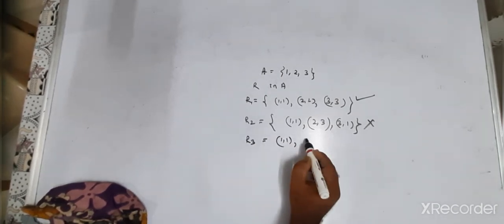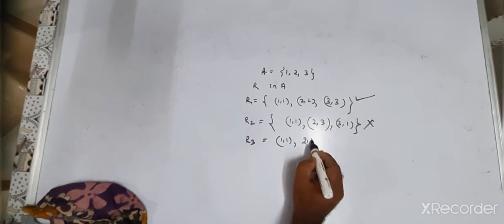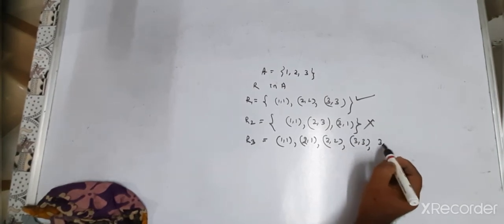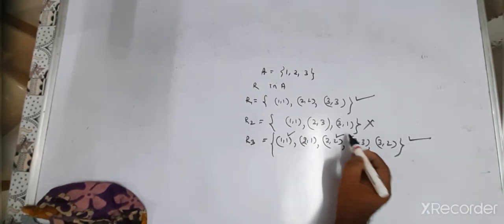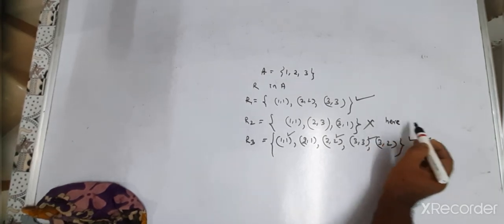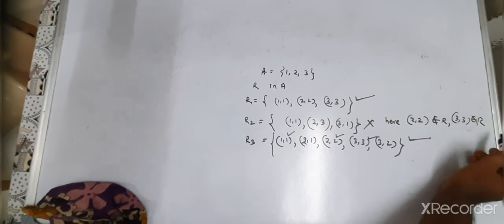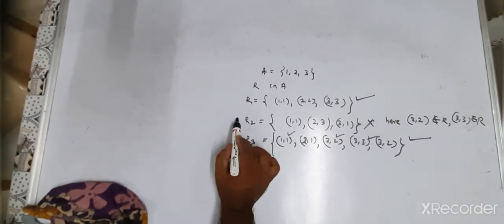This is not reflexive. R3 equal to (1,1), (2,1), (2,2), (3,3), (3,2). It is clearly reflexive because these are present. But which one is not present in R2? (2,2) does not belong to R2, and (3,3) also does not belong to R2. So this is not reflexive, but R1 and R3 are reflexive.